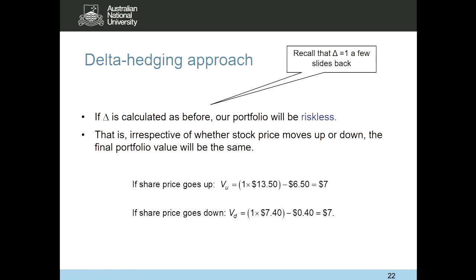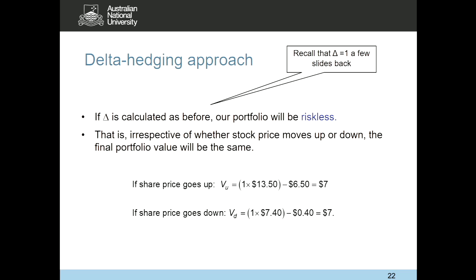Yeah, so exactly. So this only works for a one-step binomial tree, right? And as we understand, if we divide this into infinite intervals, we have thousands and millions of steps. Then we need to recalculate the delta on every step so that we always have a fixed ending value.